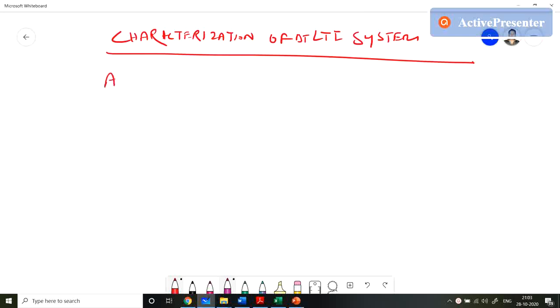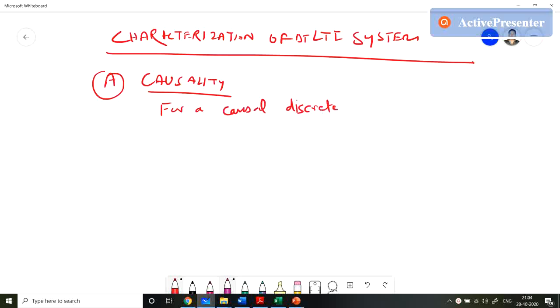So the first characterization is causality. For a causal discrete time LTI system, we have h(n) equal to 0.